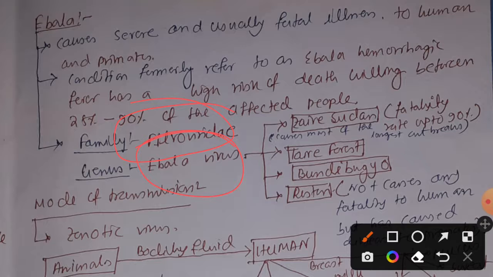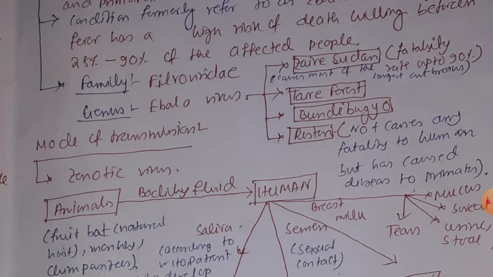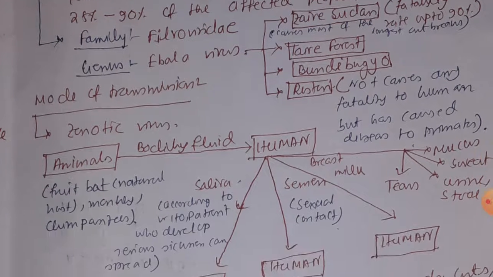One is Zaire, Sudan, another is Taï Forest, another is Bundibugyo, another is Reston. Among them, Zaire and Sudan are the most dangerous and cause the largest outbreaks, and Reston is the species that does not cause any fatality in humans but can cause disease in other primates.